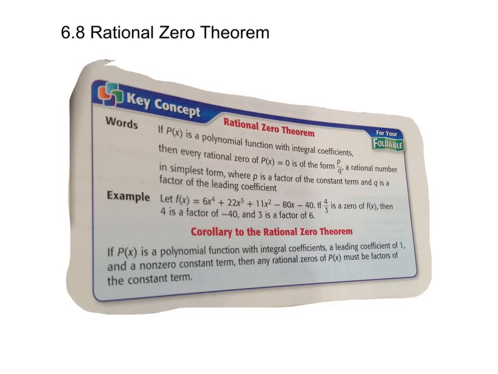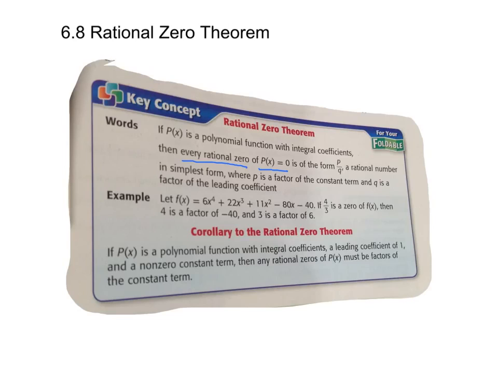Now, let's unwrap this a little bit. It says that if you set the polynomial equal to 0, then every rational zero, rational as in not irrational like the square root of 2, or not imaginary like 3i, if it's rational, it will terminate, or it will be a repeating fraction.